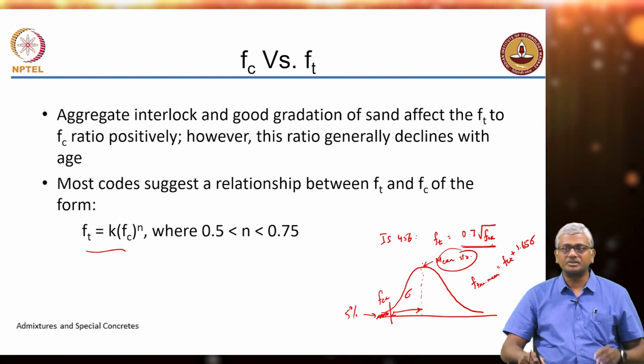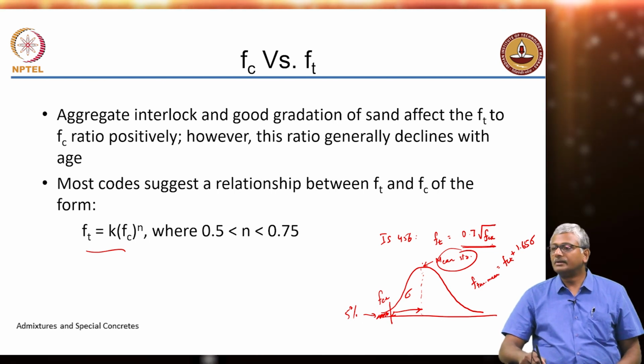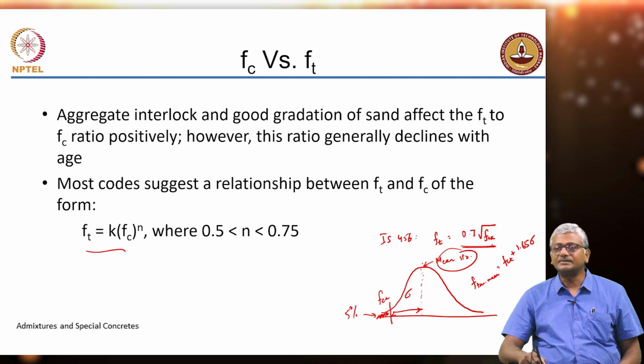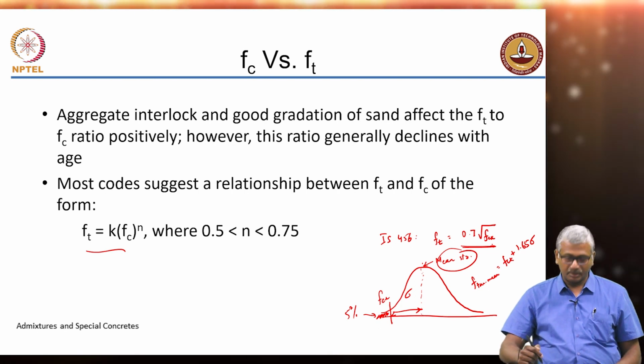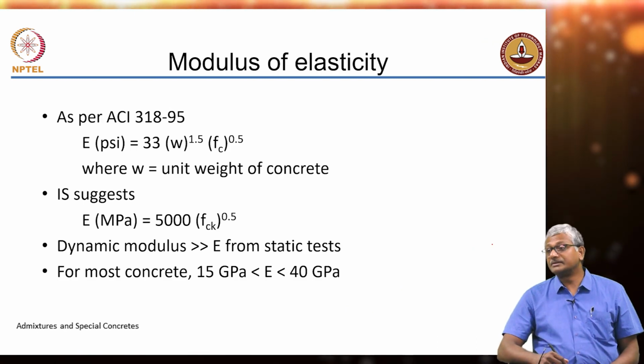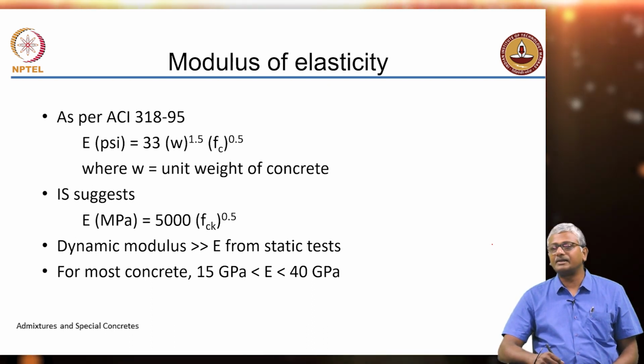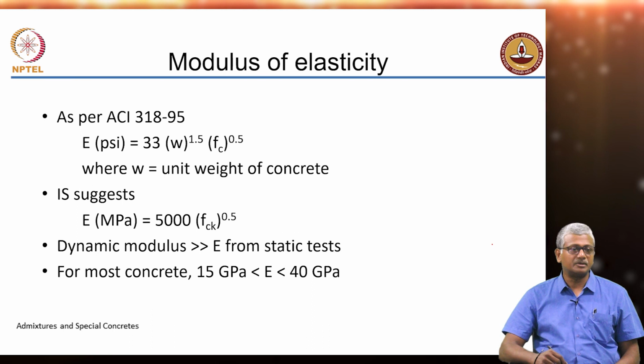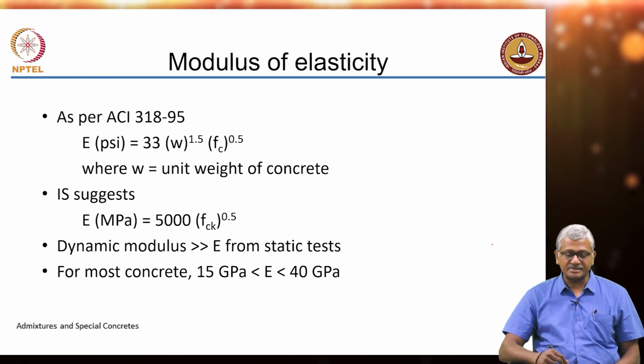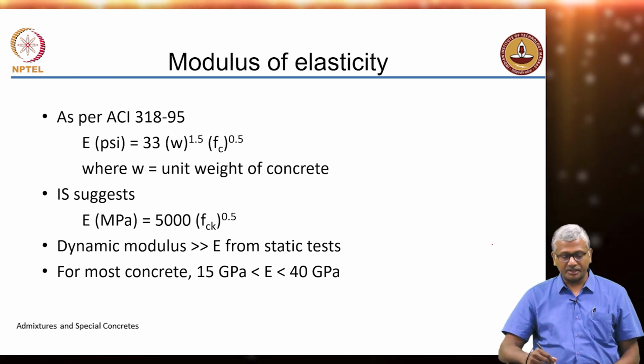You can just do compression, which is very easy to do. Flexural strength, not everybody has the apparatus on site to do. Similarly, compressive strength itself people may have, but modulus, very unlikely that people will have the right apparatus to determine modulus of elasticity. In such cases, we often go with these prescribed relationships.